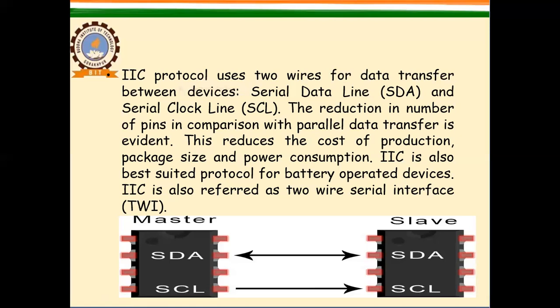So when we use a battery operated embedded system, this becomes a very important parameter to choose between given protocols. I2C, as it is very clear, is a two-wire system, so it is also known as TWI, that is two-wire serial interface communication protocol.